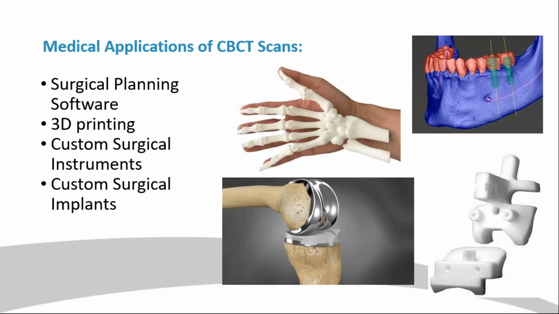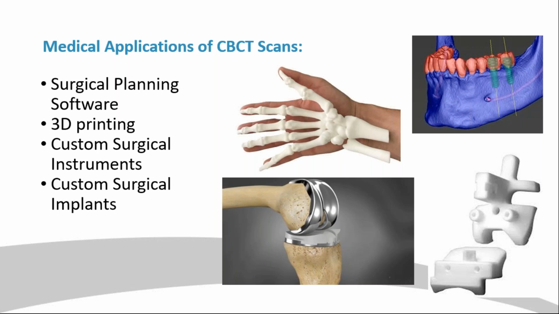You can see an example in the top right corner of the dental application there, where they're able to get incredibly detailed surgical plans for screw placement and making sure that the depth and position of implants is not impacting any of the nerves that are running in the jaw. So having these tools in the office really takes their level of care to the next level.